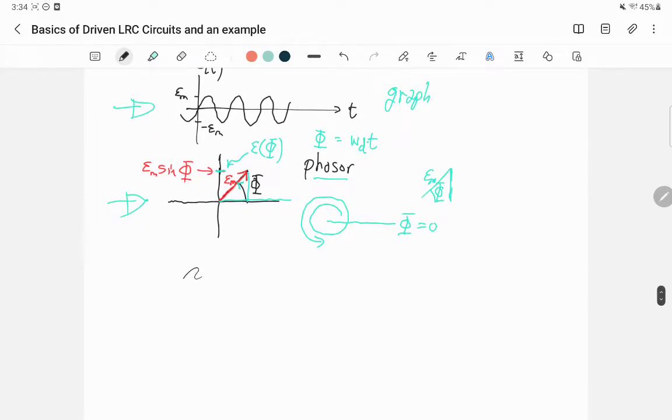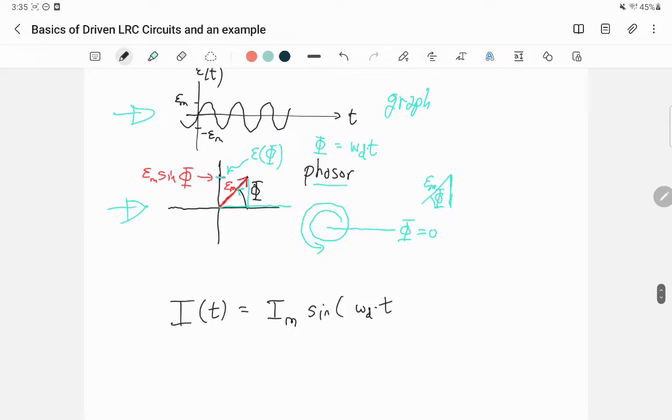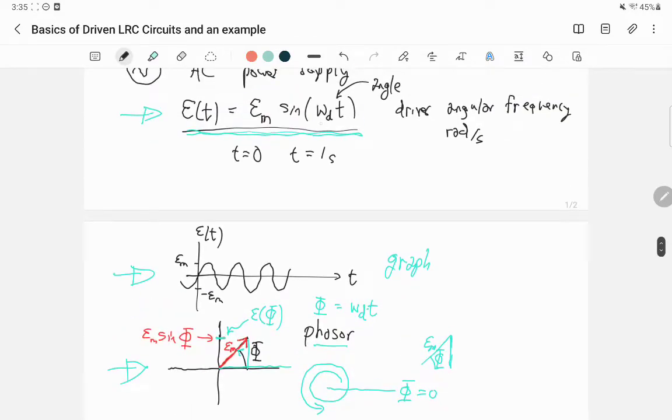The current that's going to flow in the circuit has some maximum value, that's the amplitude of the current, and then a sinusoidally varying angle, omega sub d times t. It's exactly the same as the driver's omega sub d.